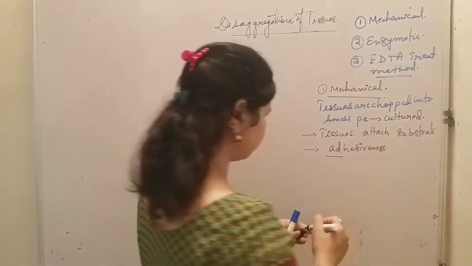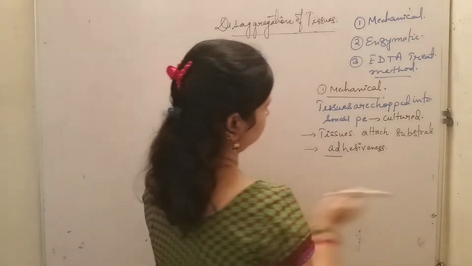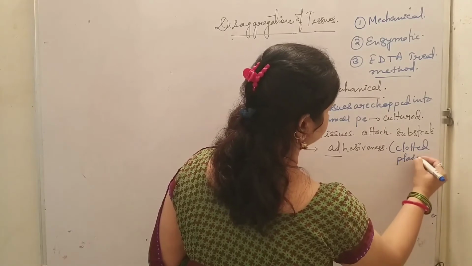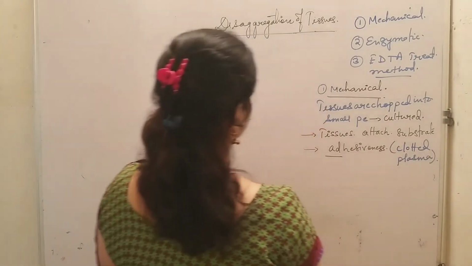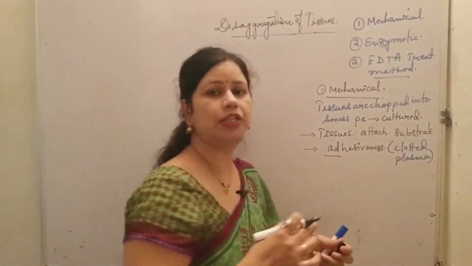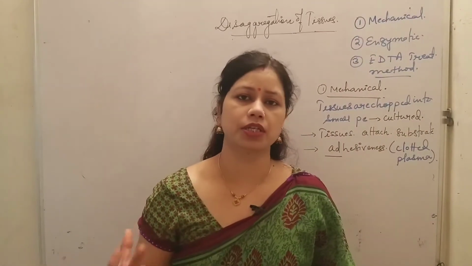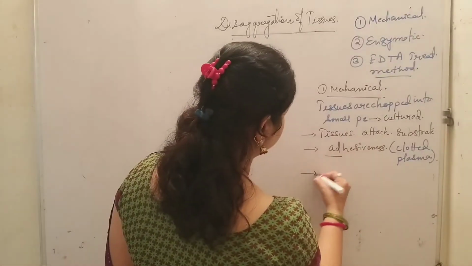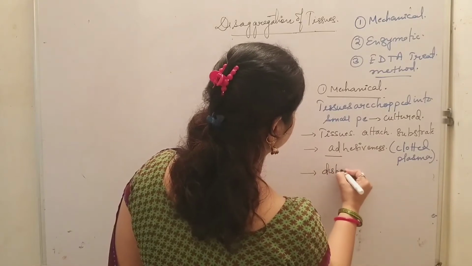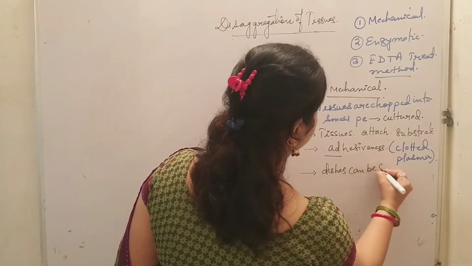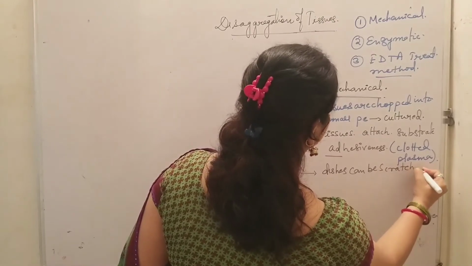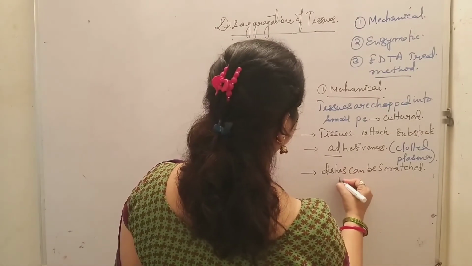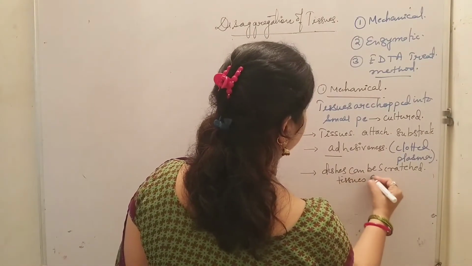Clotted plasma may be used, or the culture vessels or dishes we are using can be scratched to provide the attachment, so that the tissues, the cells, can attach.